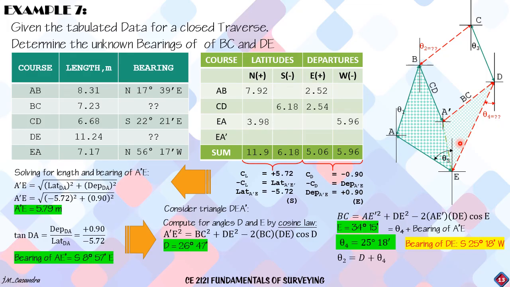And the bearing now for line DE is south 25 degrees 18 minutes west. So as we have said, theta 2 is equal to D plus theta 4, and that will give us now a bearing for BC, which is north 52 degrees 5 minutes east.